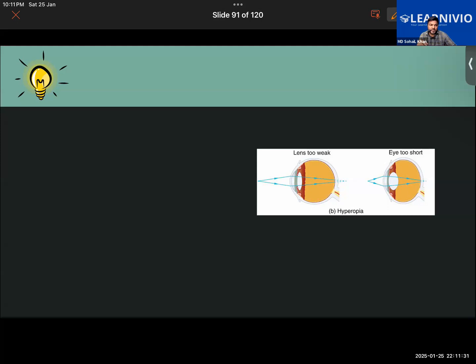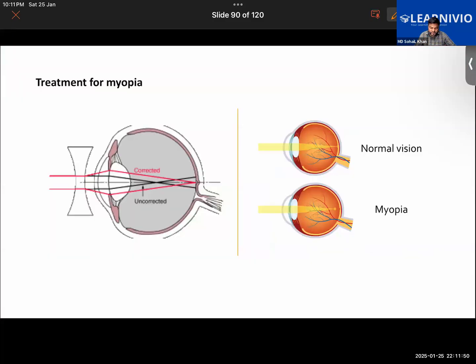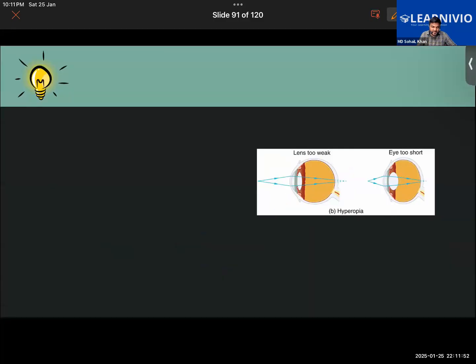But the objects that are kept far away will appear sharp, will appear clear. In the case of myopia, we have learned that the objects kept nearby were sharp and clear, but the objects kept far away were not clear. Here it is opposite. The objects kept far away are clear, but the objects kept nearby are not sharp and clear. Getting the difference, all of you?